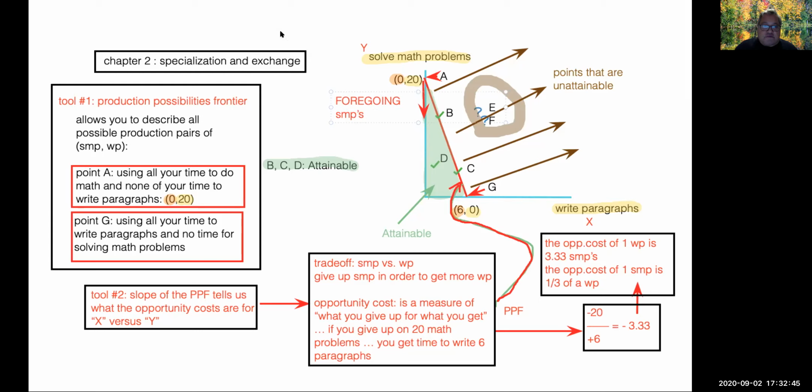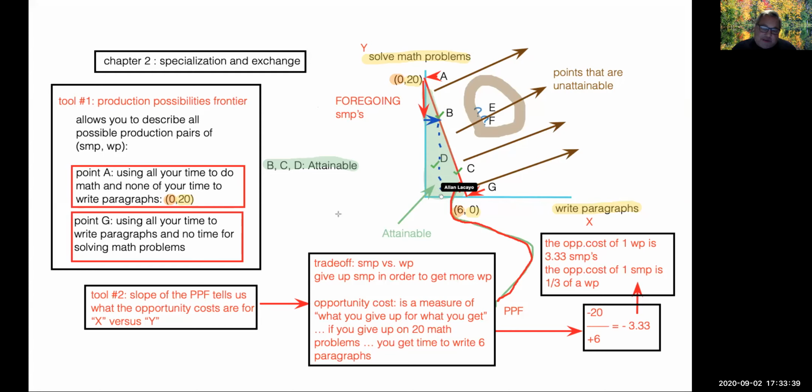And in exchange for that, we gain time, resources, that would help us move toward point B. And so that particular amount of time then enables us to write some paragraphs, get a little bit of both done, be at point B. And at point B, we do some math and we get some English done, a little bit of both.